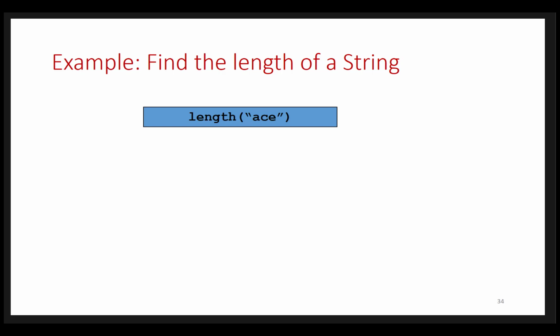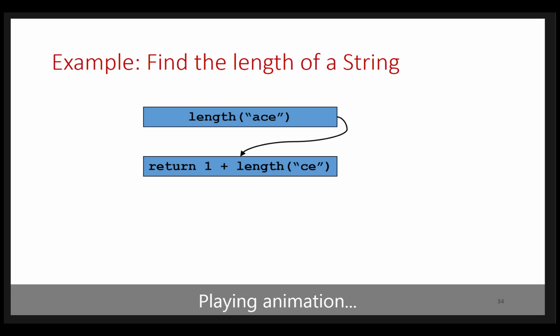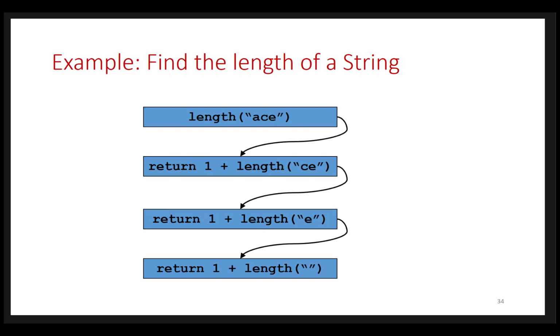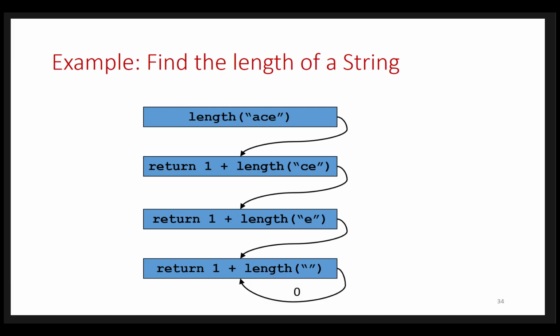You will start with this, and then you are going to return 1 plus, and then return 1 plus the next one, and then return 1 plus, and once you arrive at the null character, this one is going to return 0, right? So in this case, once you have the null character, your return will be 0, and finally finding the length, okay?